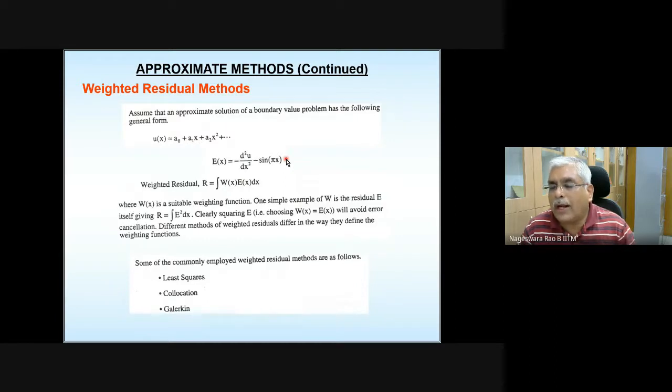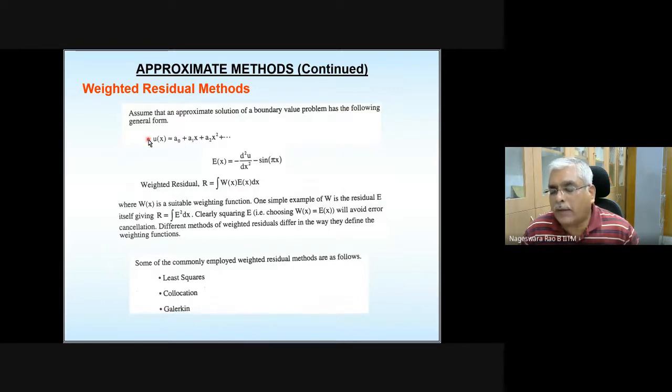So to avoid error cancellation, you multiply with a weight function. The purpose of this weight function is to take care of error cancellation. What weight function do I need to select? Please note that till this point, the defining of the error, I hope it is clear to you.